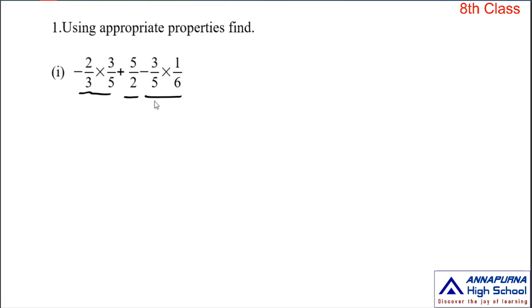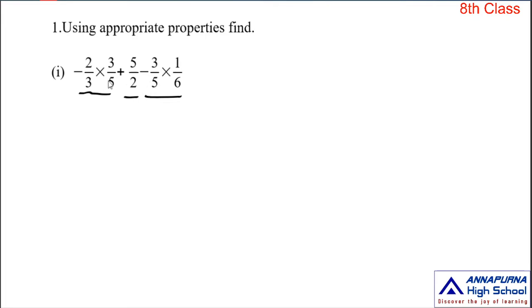Now there is a possibility to apply the distributive property, but before doing that, have these two terms come side by side? No. So in this case we cannot apply the distributive property yet. First we arrange the first and third terms side by side, then we can apply the distributive property.